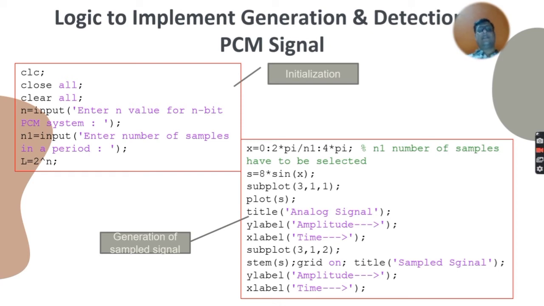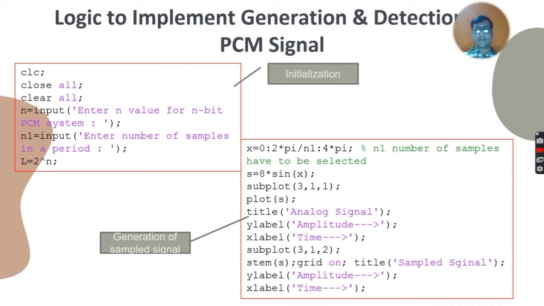Here, first, is the initialization process. For any signal to be generated, we need to initialize it. First is clc, close all, clear all. Then n is equal to input, enter your n-bit PCM.